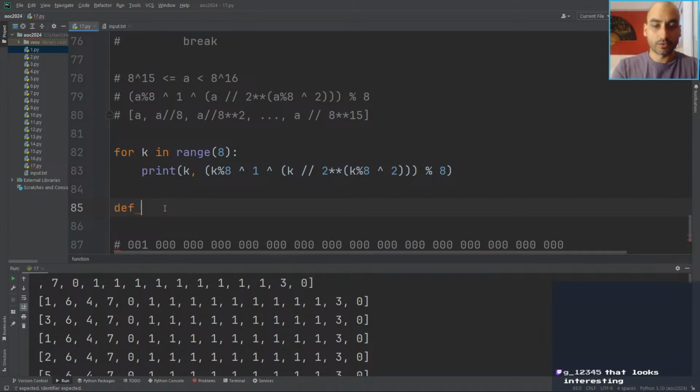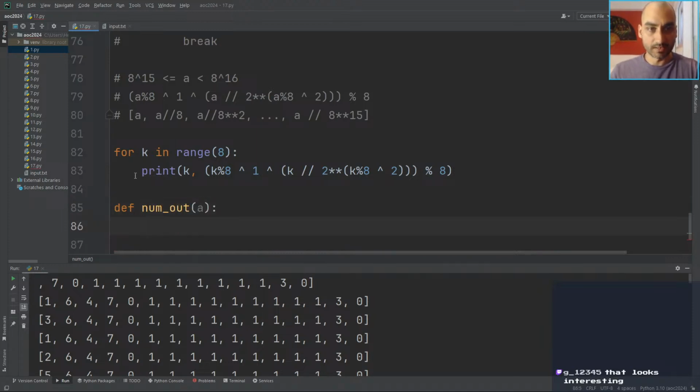So we know that the outputs, I don't know, just call it num out for a given value of A is this formula here. Okay.